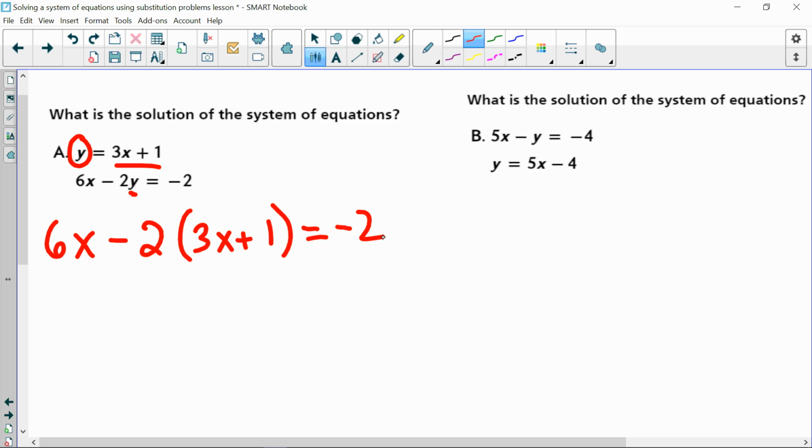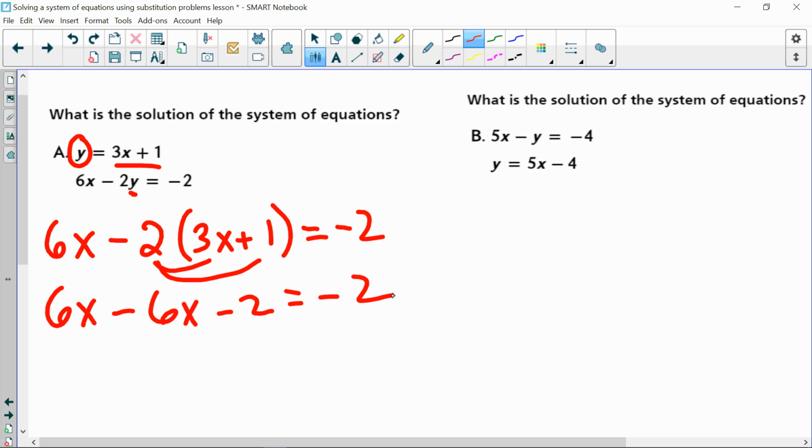All right. Cool. So I can say, well, I have 6x here, -2 times 3x, and then -2 times 1 is going to give me subtract 6x, and it's going to give me subtract 2 equals -2. Here's where the weird stuff starts going.